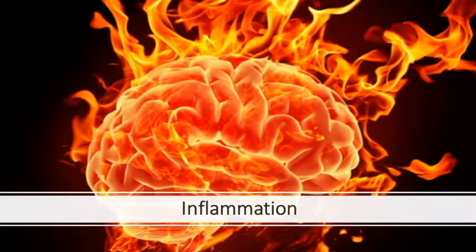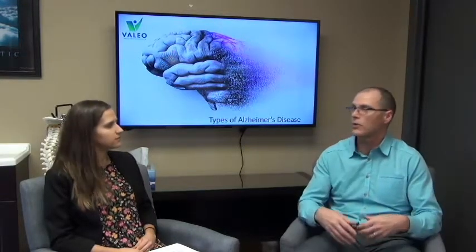Yeah, absolutely. The first one I mentioned was inflammation, and it can be kind of difficult to pinpoint some of the underlying causes, but there are definitely certain things to watch for. If you've ever injured or sprained an ankle, you know what inflammation feels like, because it's painful and it swells up.